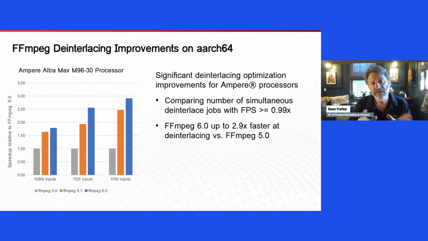And this shows in the more recent versions of FFmpeg, from 5.0 all the way up to 5.1 and 6.0, the improvement in deinterlacing performance across those versions has come up significantly. You can see this up to 3x better on 6.0 versus the earlier 5.0 FFmpeg versions.